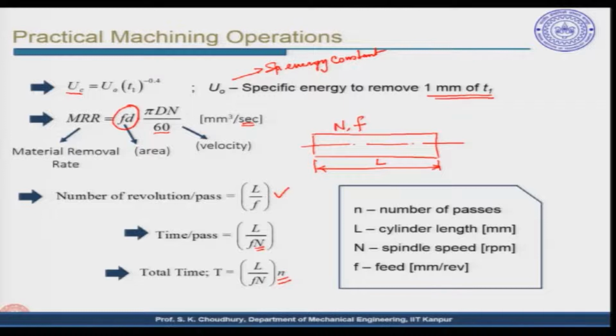Number of passes can be 1, or several, it can be 2, 3, depending on how the material is being removed, what kind of material and what kind of tool and so on. So, small n is the number of passes, L as we said is the cylinder length, spindle speed is n, and the feed in millimeter per revolution is F.